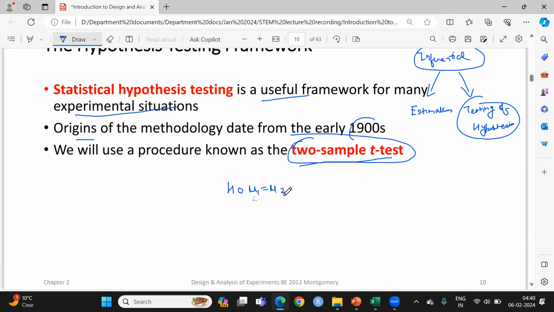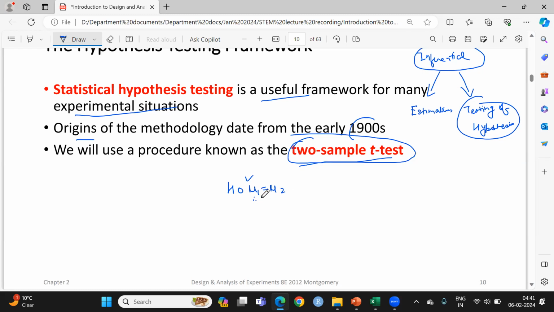Whichever group you choose as first, modified or unmodified, the main objective is to see whether these two groups are statistically different or the same with respect to the mean value.